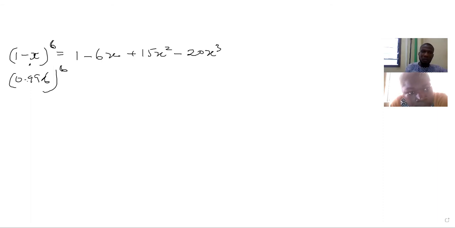The easiest way is to subtract this from 1. When we subtract this from 1, the answer will be the same as 1 minus that answer, which will give us this.